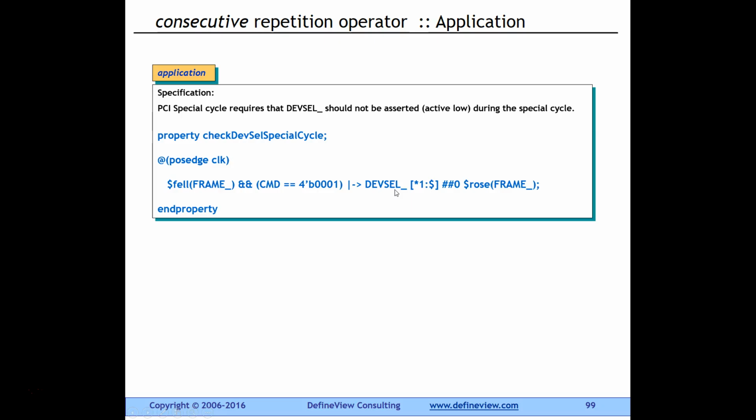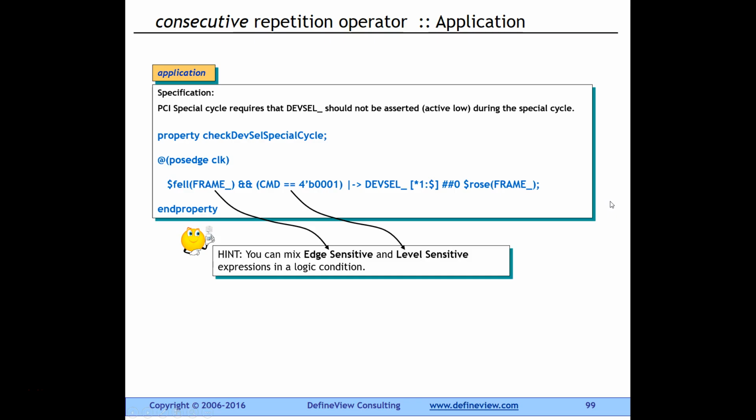That means it remains deasserted. And that's what we are saying here, should not be asserted, meaning remain deasserted. It should not go active low. So we are checking to see that device select remains high consecutively forever until $frame is asserted. The end of the PCI cycle is defined by $rose frame.